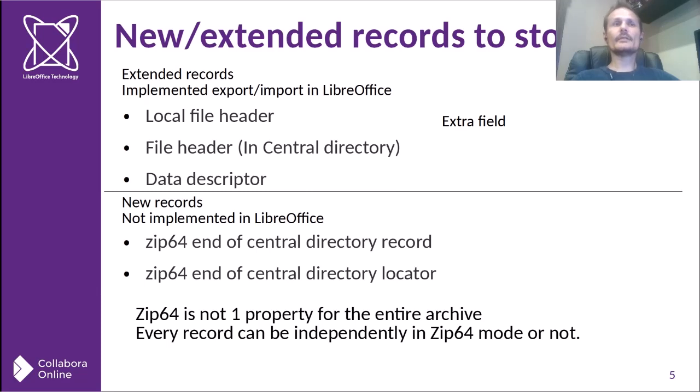It is present in the original zip format too, but it can contain many things, and the Zip64 extension gives a new kind of extra field that we can write in this extra field.